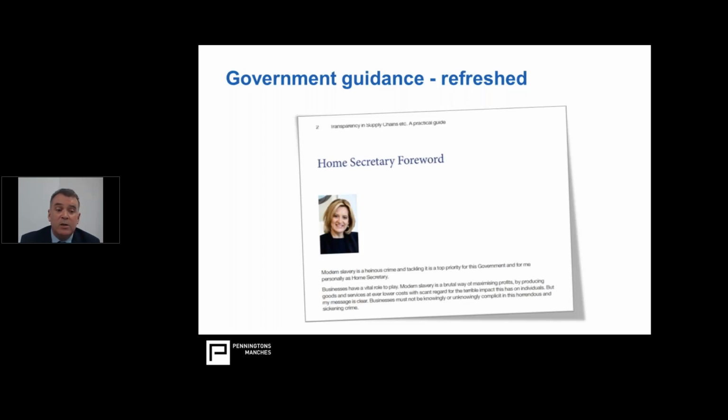And with that in mind, business also needs to consider the fact that there are currently 2 private members' bills going through the parliamentary process at the moment, but one in particular is gathering a lot of support. Now, that bill proposes that in addition to commercial organisations, so think private sector, public authorities will also be required to make modern slavery statements.